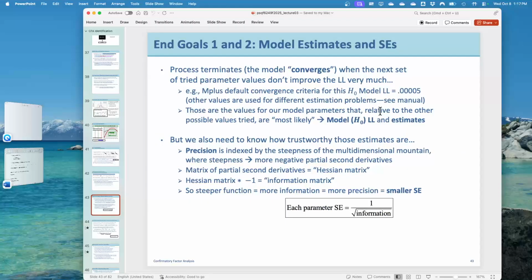The matrix of second order partial derivatives is sometimes called a Hessian matrix. If we take -1 times that, we get the information. Actually, yes, Hessian matrix times -1 is the information matrix. And basically 1 over the square root of information is our standard error. So the diagonal of that matrix gives us our standard error. So, no, better not be negative.